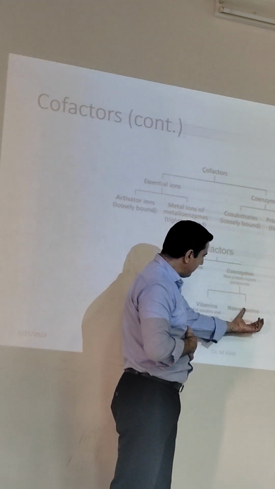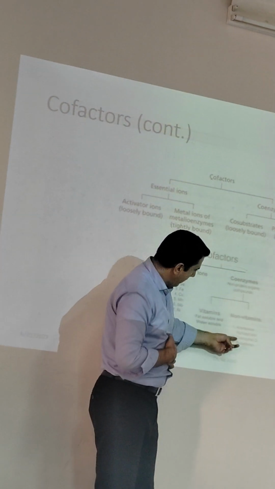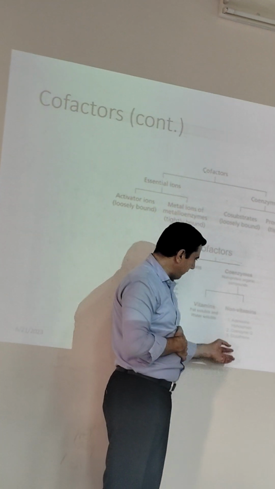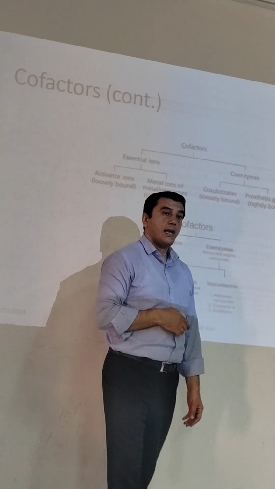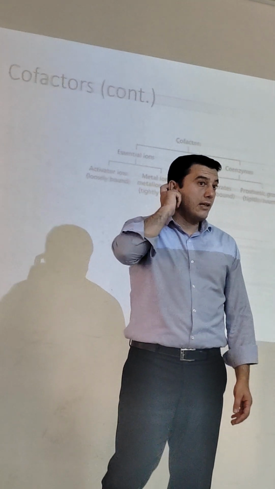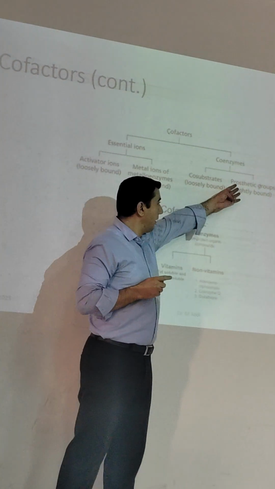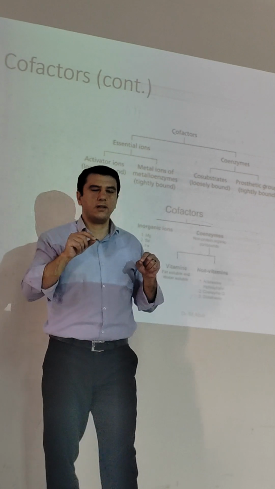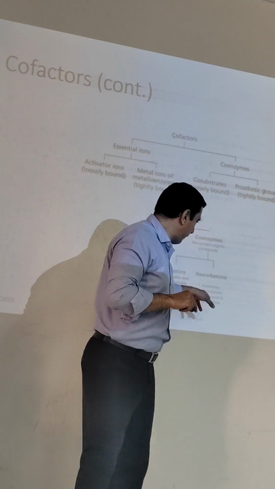And we have non-vitamins of this type, prosthetic groups, for example adenosine triphosphate, guanine, and glutathione. Although they are not vitamins, vitamins are necessary for producing them.